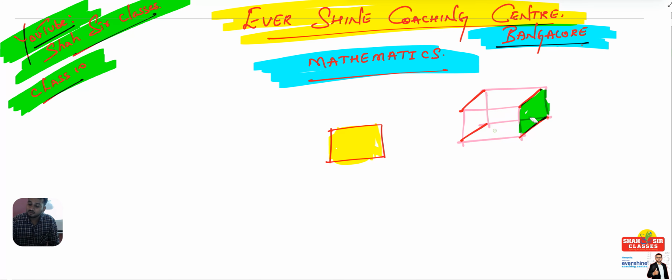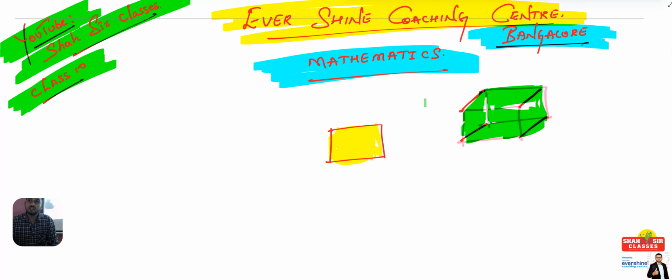Similarly, again when I come back to this, can you see this is one more side? Can you see this is the bottom side? It means we can see all the sides. So this is called solids. Any doubts? Did you understand solids?